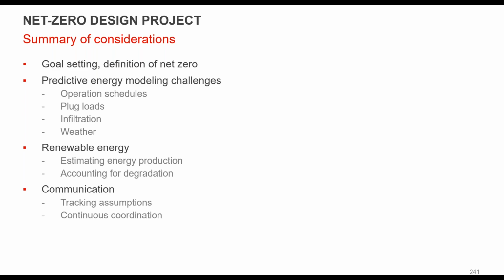Renewable energy is a bit of a challenge as well, and often you'll need a separate tool to accurately estimate energy production and account for degradation. Don't just take the first year production for the whole time. They did a good job on this project, making sure they were still going to be net zero at the end of the warranty period.